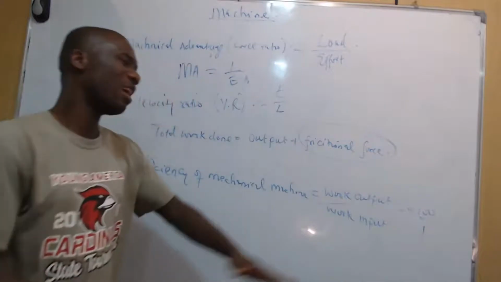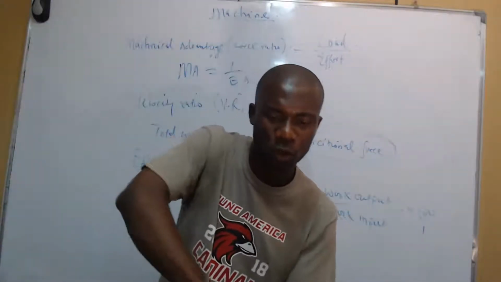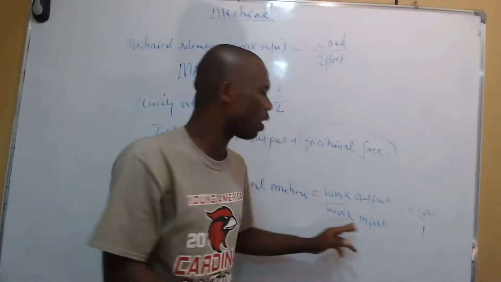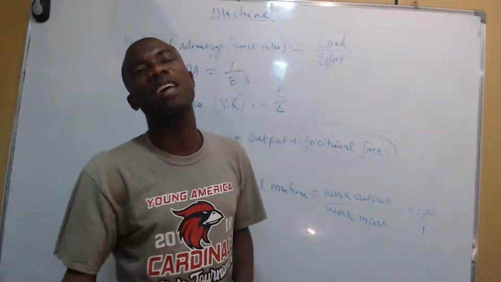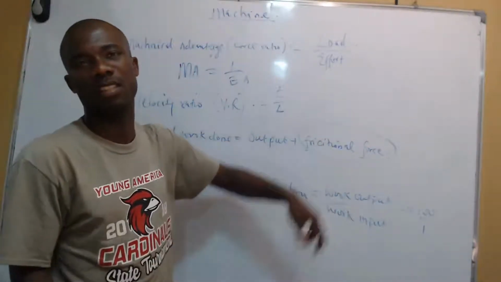Now, this is just grammar. What do you understand by the work input? What you applied in order to screw the wine cork out is what we call the work input. And work output, as I said, is usually less than the input because of the presence of frictional forces.